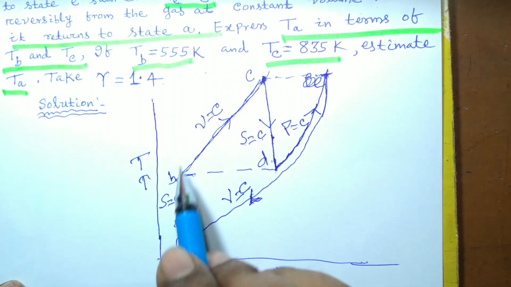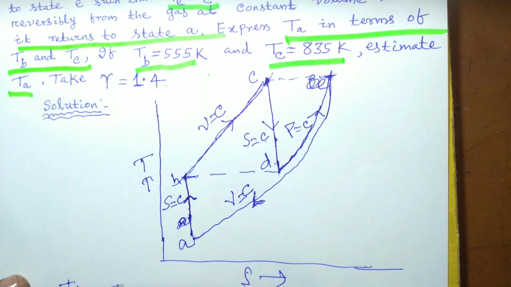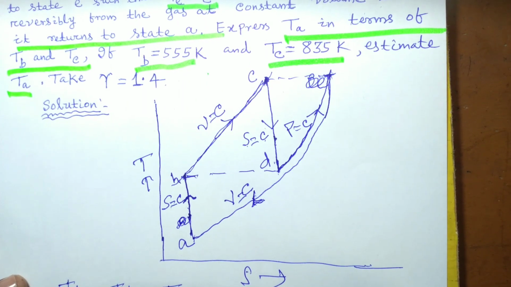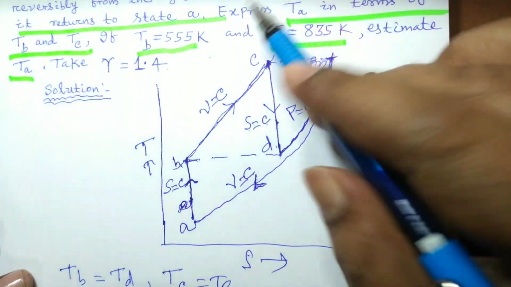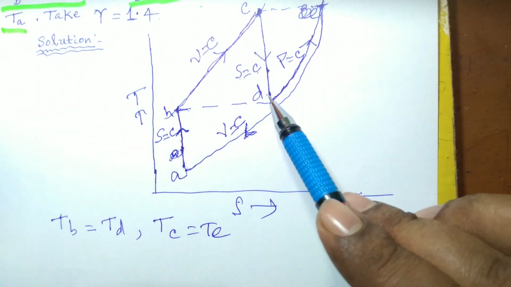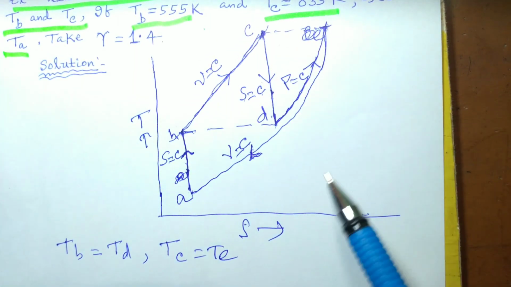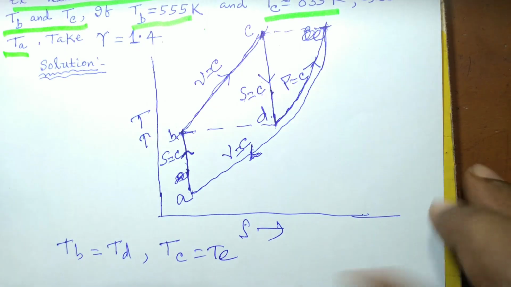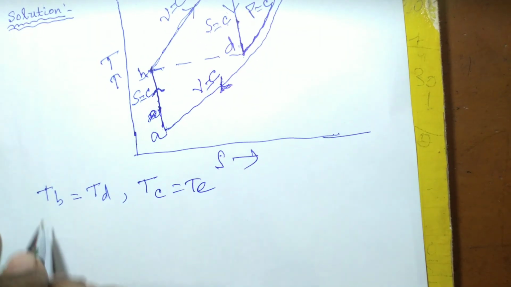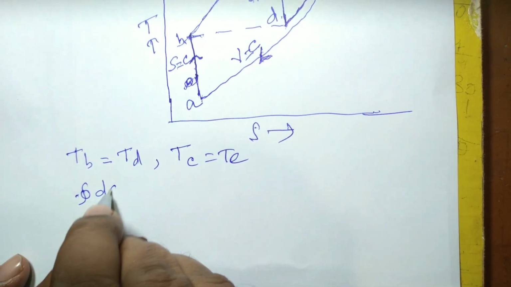So you have to express Ta, and one thing is Tb is equal to Td and Tc is equal to Te. That is given in the question, and that is also reflected on the diagram here, on the TS diagram. Now, we know that the cyclic integral of ds is 0.